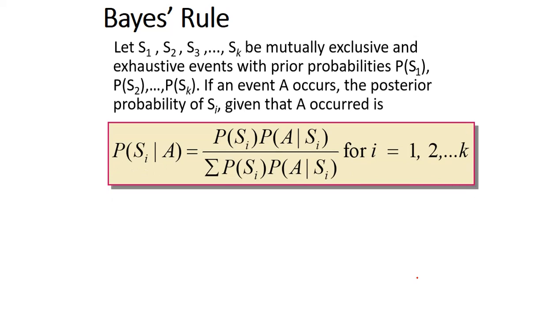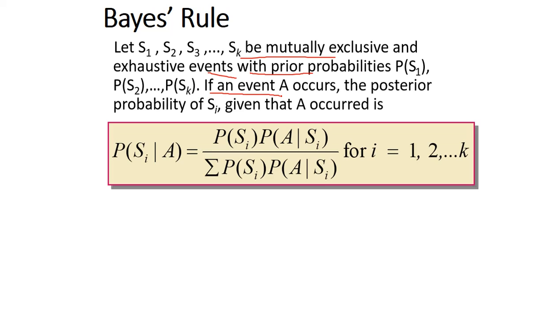So now we can go to the most important theorem, that is Bayes theorem, also called Bayes rule. This is the definition of Bayes theorem. Let S1, S2, up to Sk be mutually exclusive and exhaustive events with prior probabilities. Here we already know the prior probabilities: probability of S1, probability of S2, and so on up to probability of Sk.